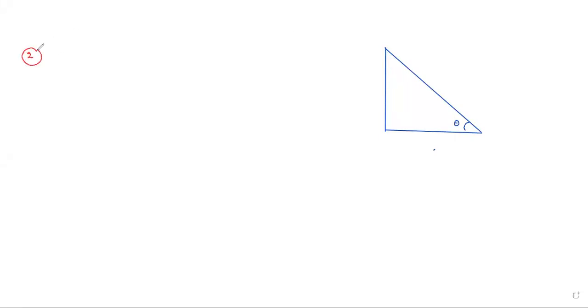Tan of cosecant inverse of 65 by 63. What is the definition of cosecant theta? Hypotenuse by opposite side, that is 65 by 63.